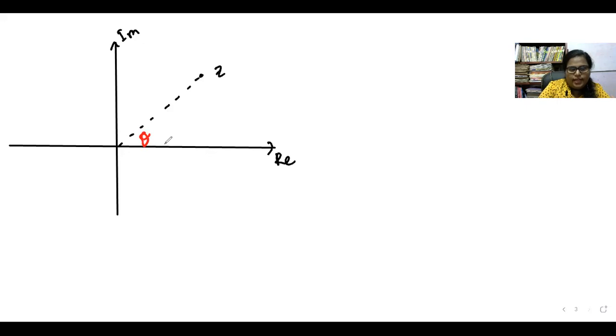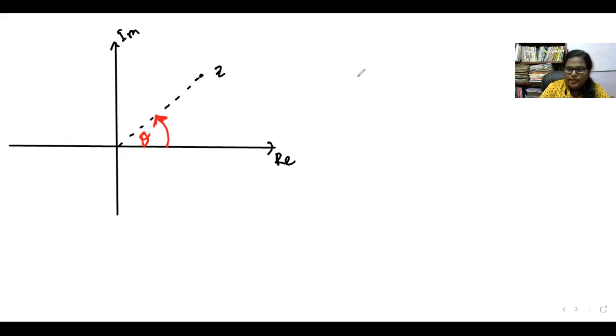So arg value is the angle which is measured from the positive real axis to this complex number, along this line, right? This angle is measured anti-clockwise.